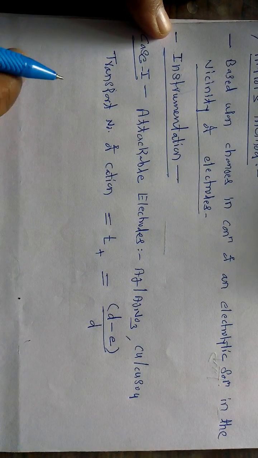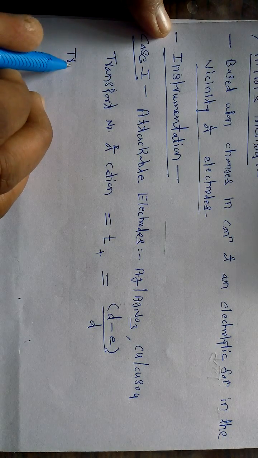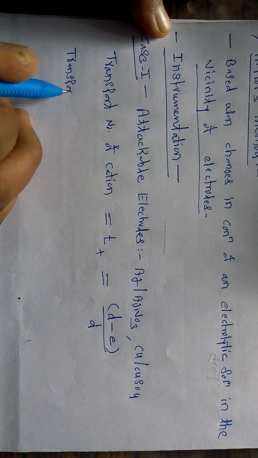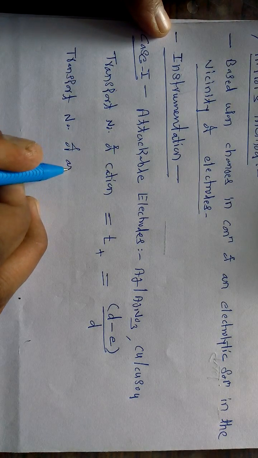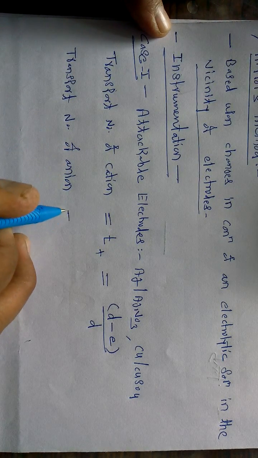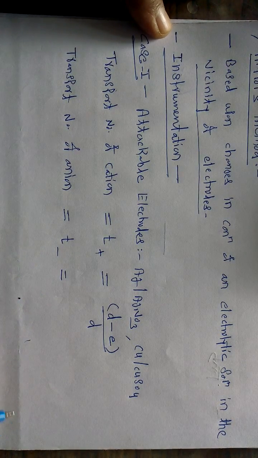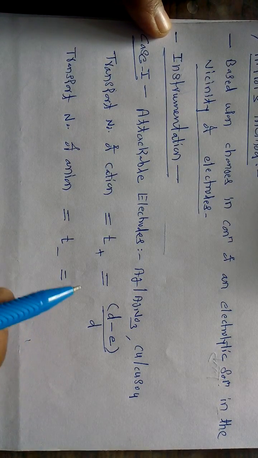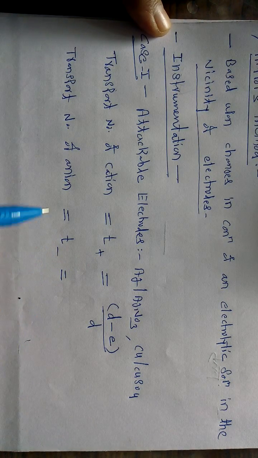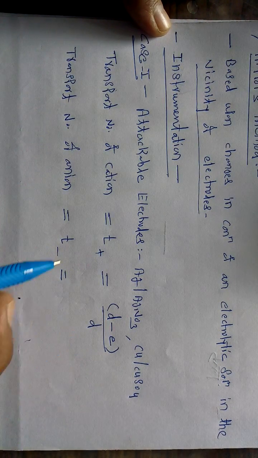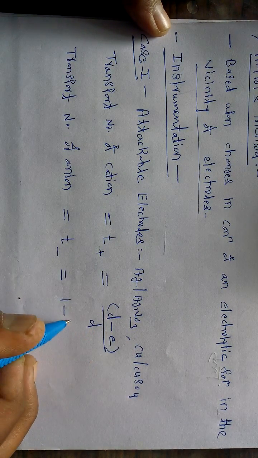After that, from this we have to calculate the transport number of anion. It is to be represented by t minus. We know very well that the transport number of cation and the transport number of anion add up to unity. So while calculating, the transport number of anion t minus is equal to 1 minus t plus.